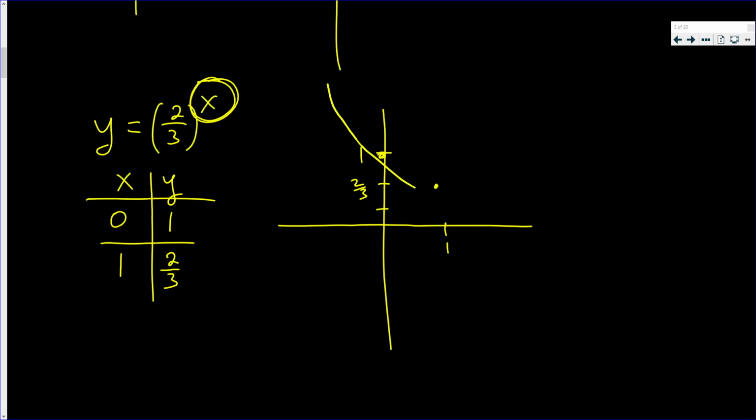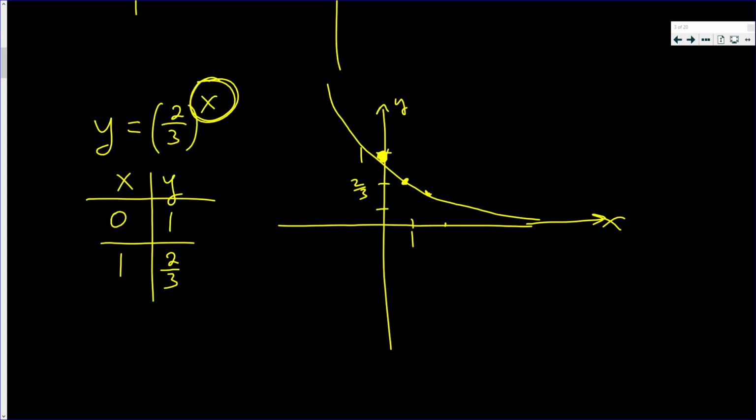And the graph goes like that, where it should have crossed 2/3. I blew it, I admit. So what I'll do is I'll put my 1 here. And there's your graph. 2 points. That's all it takes.